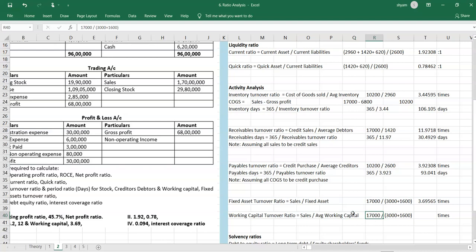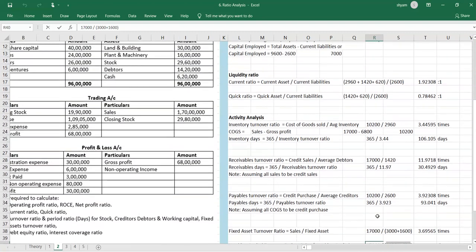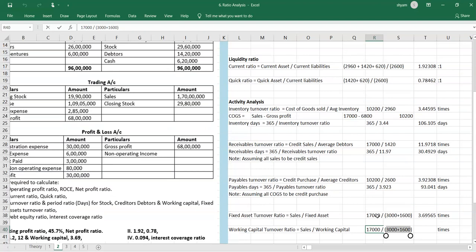So we can't say it is average, sorry, it is net only. Okay, we'll put it like this. I think that would be great. So we got our sales. What about the working capital? So the working capital is CA minus CL. So CA minus CL, I think we can get it from here. So we can copy this and we can get the answer.